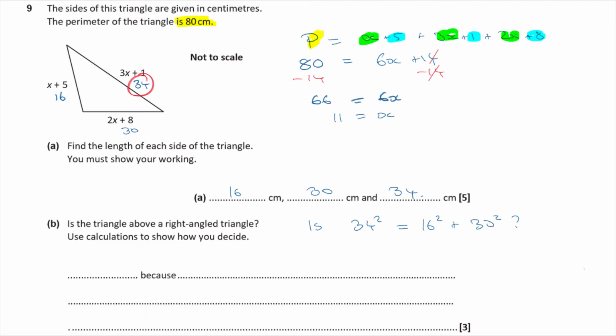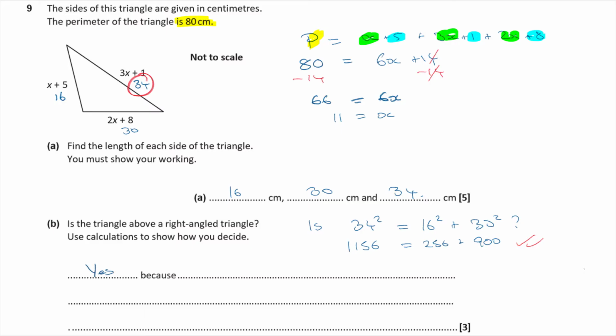Well, let's find out. 16 squared is 256, plus 30 squared, 900. Is that equal to 34 squared, 1156? And yes, it is, isn't it? If you add those together, you get a true statement. So I'm going to say yes, it is.